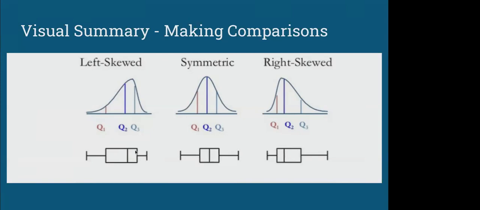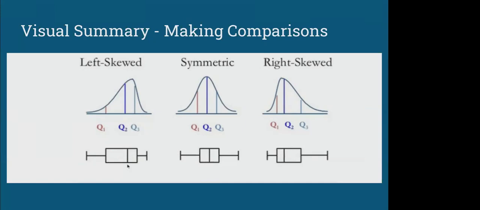So in this left skewed box plot, look at it the same way as if it were a graph. So if the tail is on the left, then the long whisker of the box plot is on the left. That gives you the cue that it is left skewed. So remember, if you don't have that in your notes, I want you to draw this box plot. I want you to pay attention to the fact that the median of the data is closer to the median of the upper end of the data.